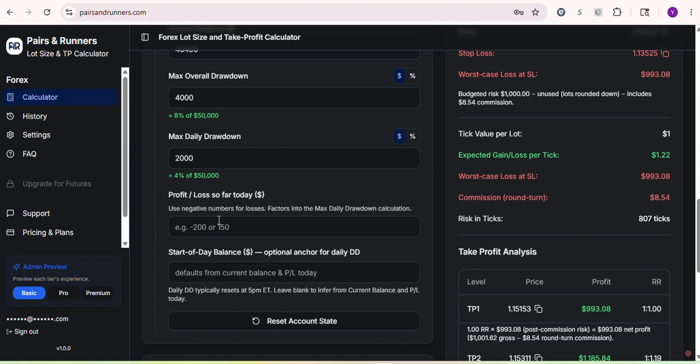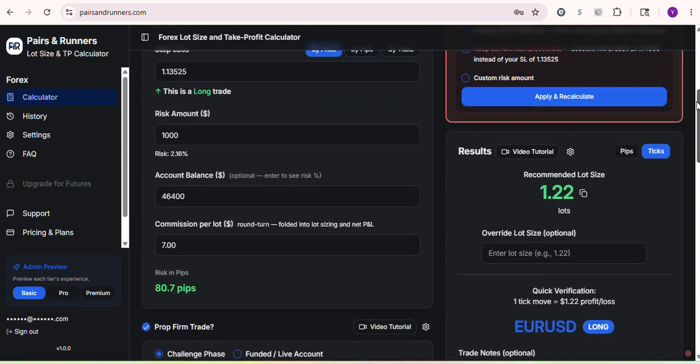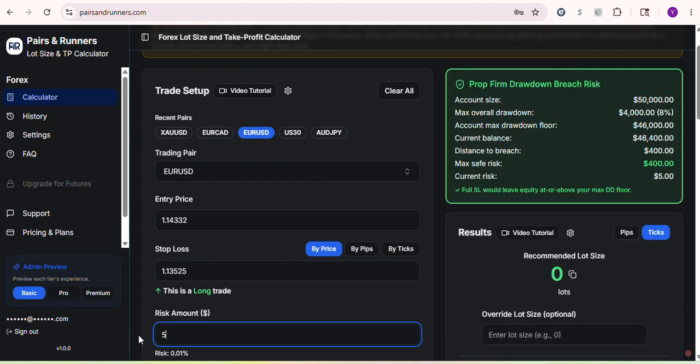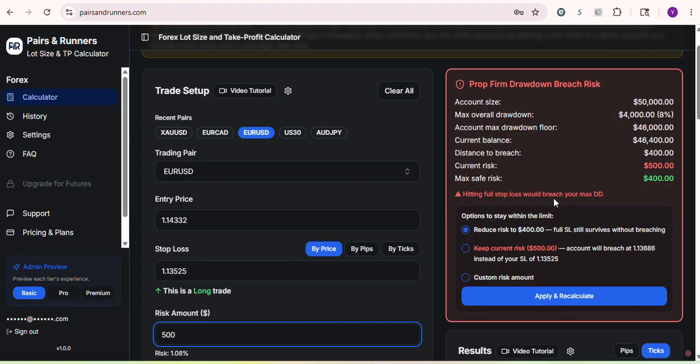And for the purpose of the max daily drawdown, you can also put in how much you've made or lost today and what your start of day balance is. And then it'll show up here. Let's assume to start a $500 risk. Our max safe risk, because we're $400 away from the breach, is $400.